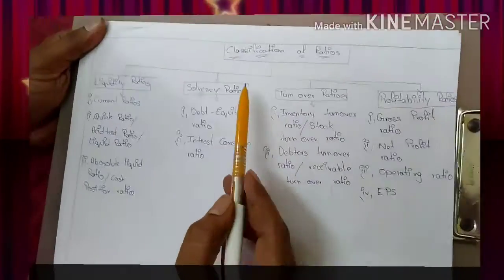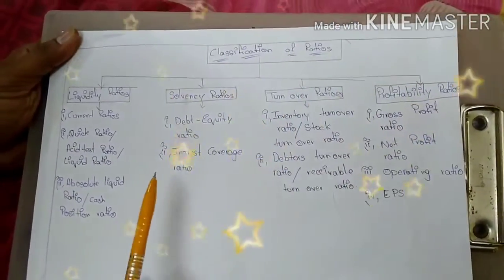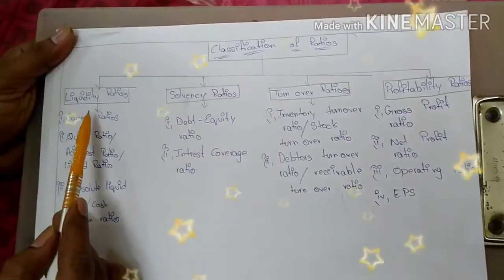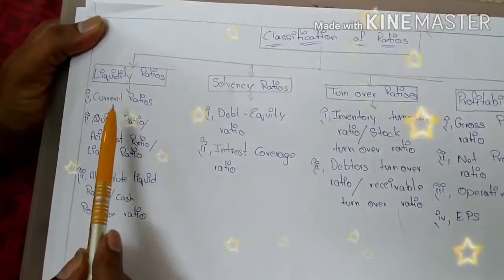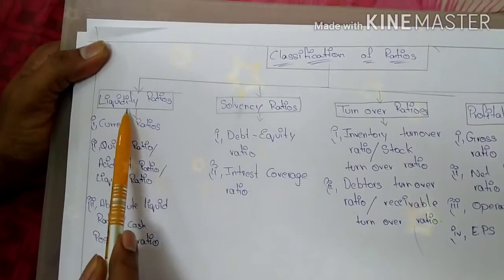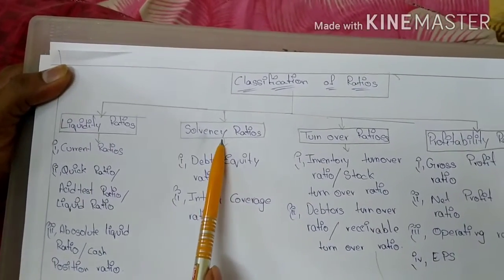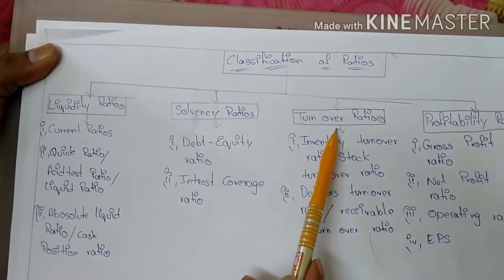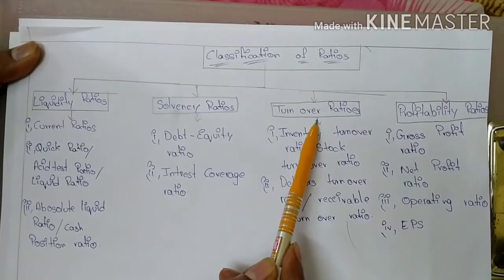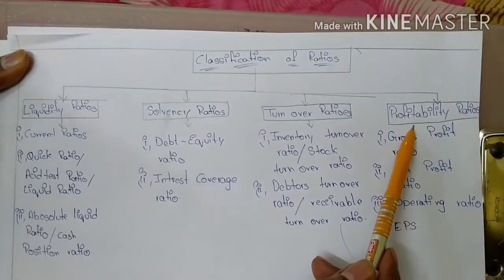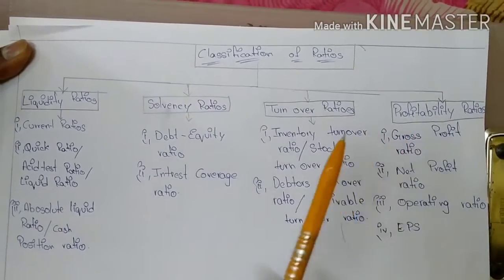Look here. This is the classification of ratios chart. As I specified earlier, there are four types. First is liquidity ratios, second is solvency ratios, third is turnover ratios, and finally profitability ratios.